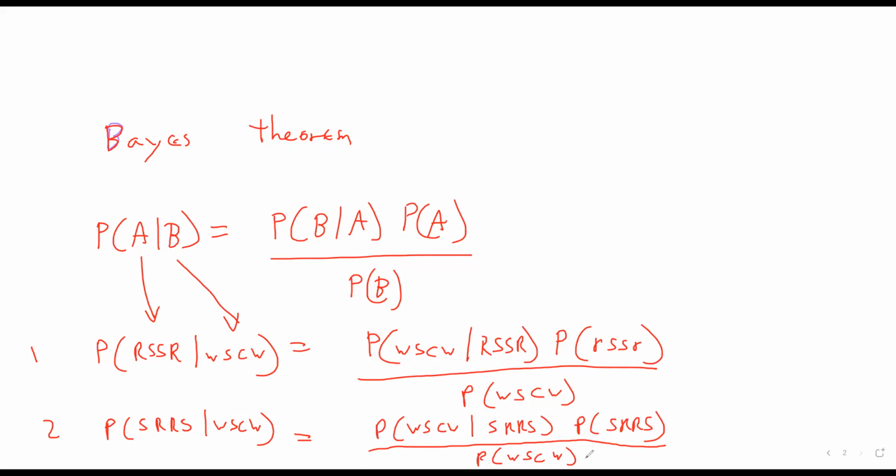Now, remember, we just have to pick the highest one of the two. Both of them have the same denominator, right? So you have like A over half, B over half. What can we do to the denominator?